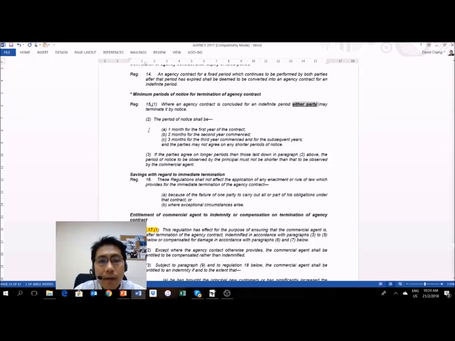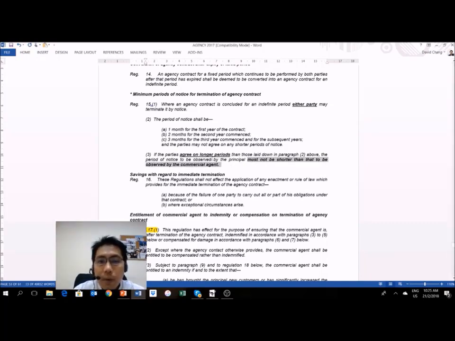And you find that the regulation is prescriptive. It prescribes certain minimum periods as to the notice period you must give in order for the agency to be terminated. And by virtue of regulation 15.3, you find that you can always agree on longer periods, of course, but it must not be shorter than what is to be observed by the commercial agent.